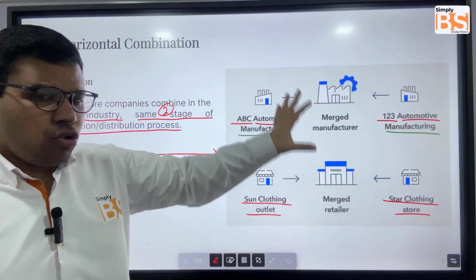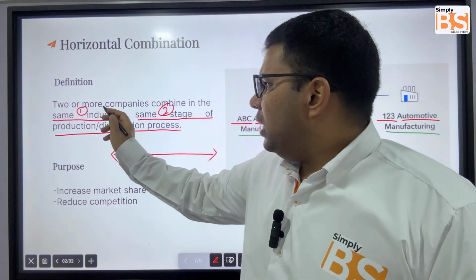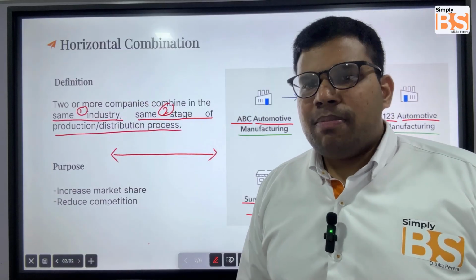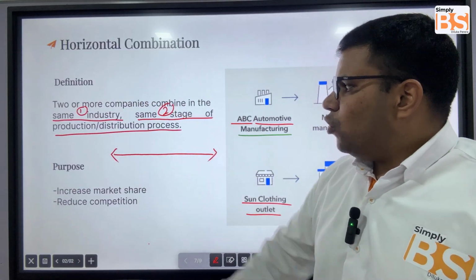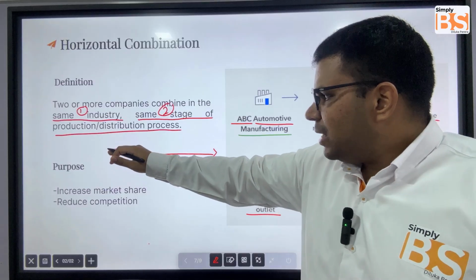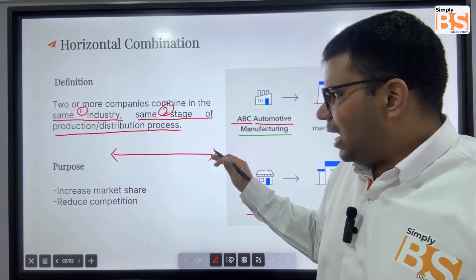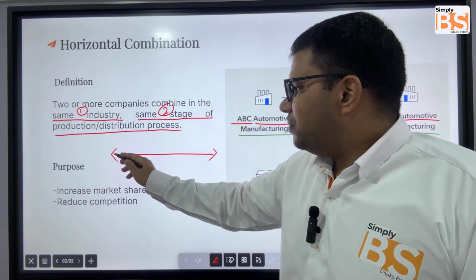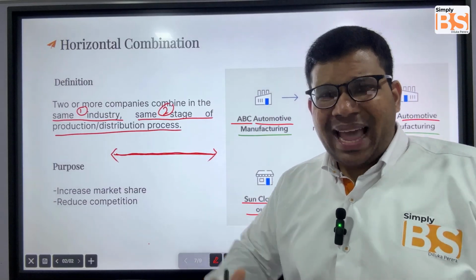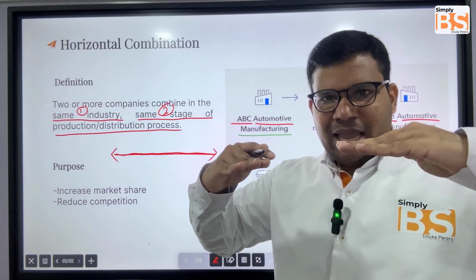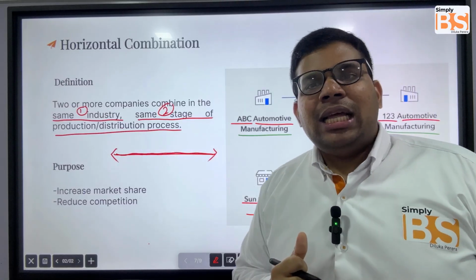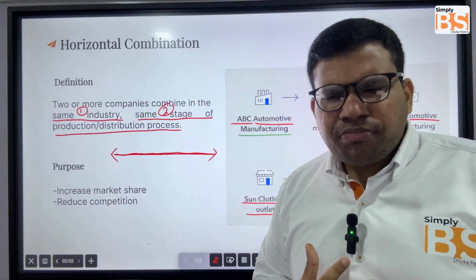Now, can you see these two examples are following the two main conditions for a horizontal combination? If you look at this horizontal line, it emphasizes that the combination is occurring at the same level, so that's why it is emphasized by this horizontal line or direction.